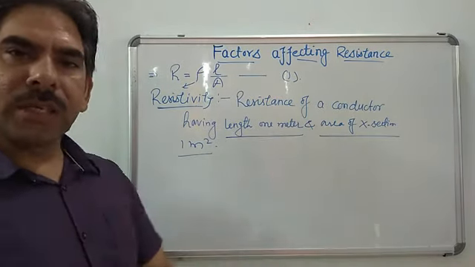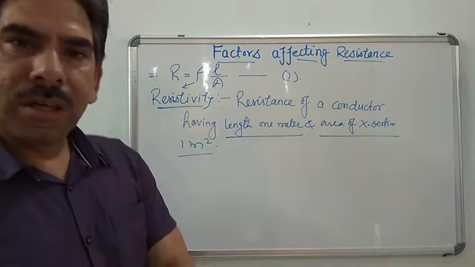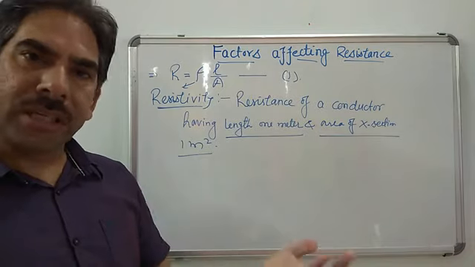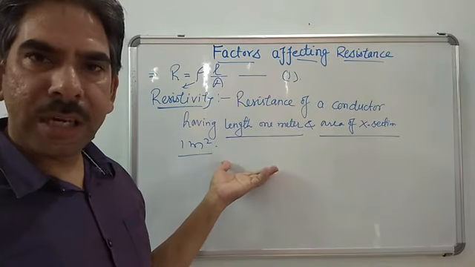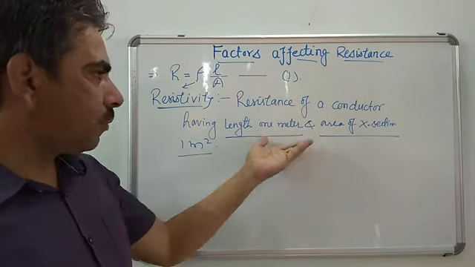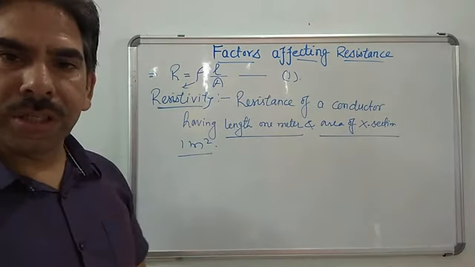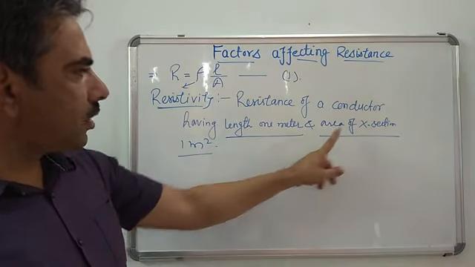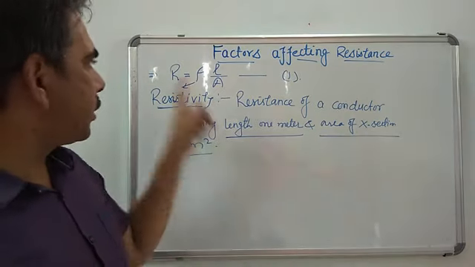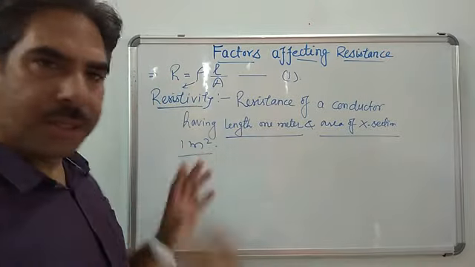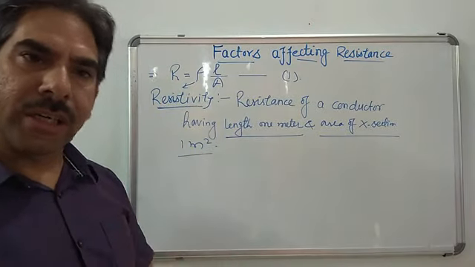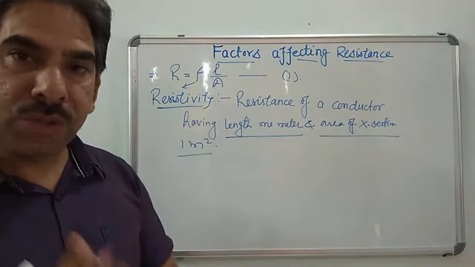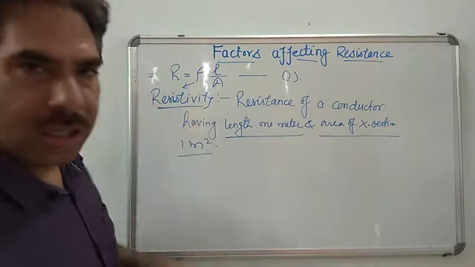So whatever the length of the conductor, its resistivity remains a constant, because we find the resistivity only when length is 1 unit and area of cross section is also 1 unit. Even if the length or area of cross section changes, the resistance may change, but the resistivity remains constant, because it is already defined for the specified length and area of cross section. That is the difference between resistivity and resistance.